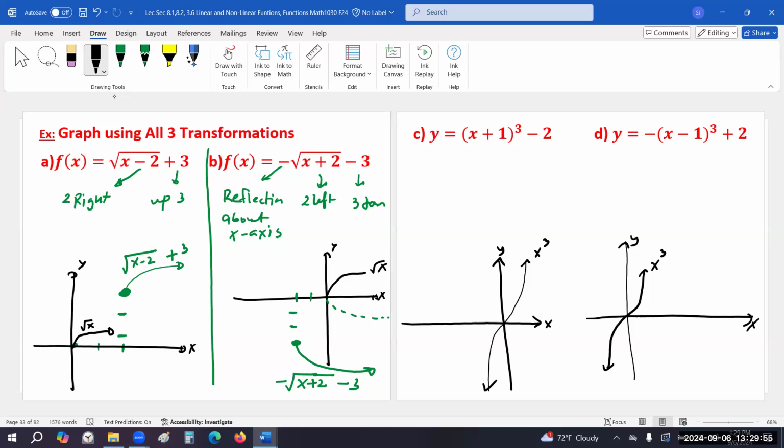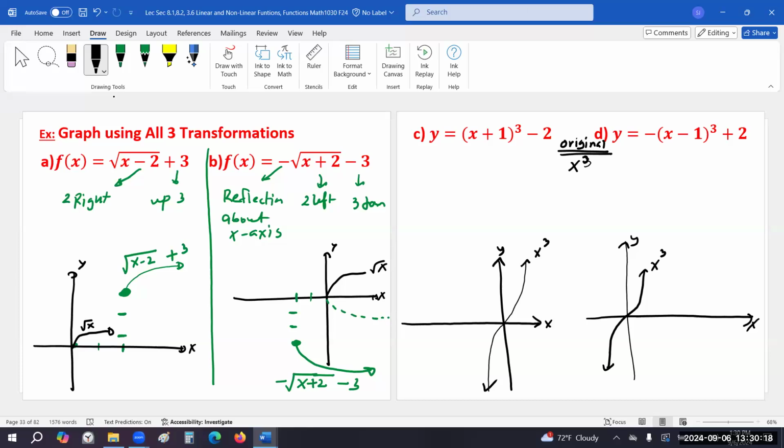That means our original function is cube. Original is x cubed. So these are transformations for the cubic function.